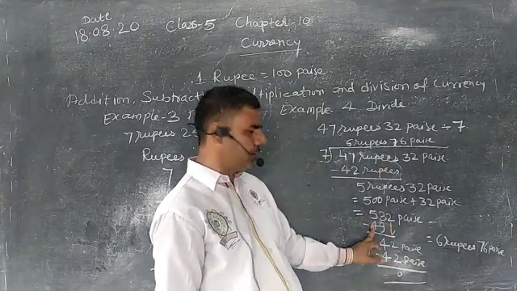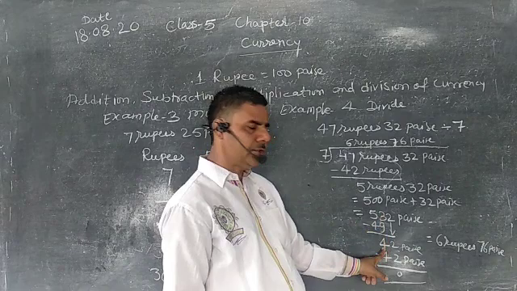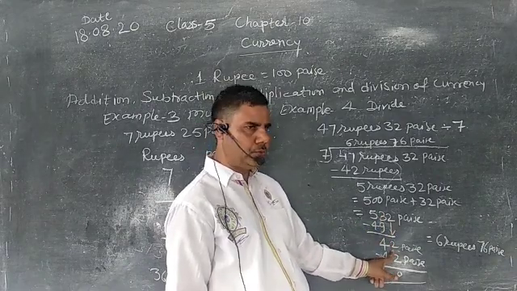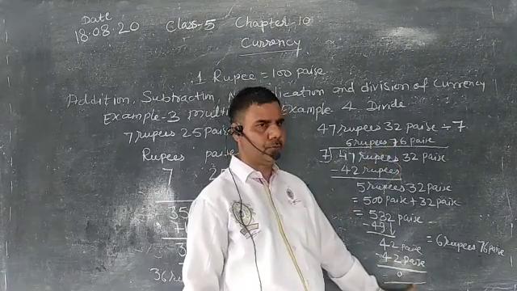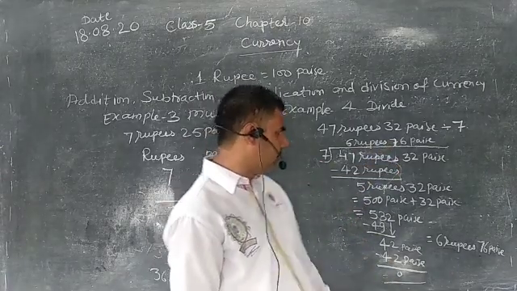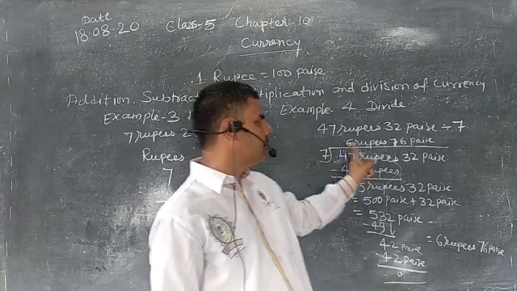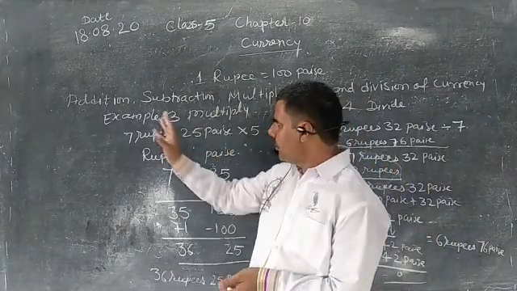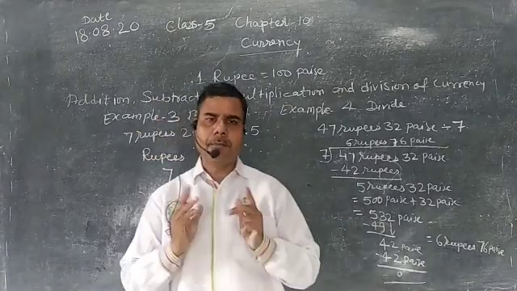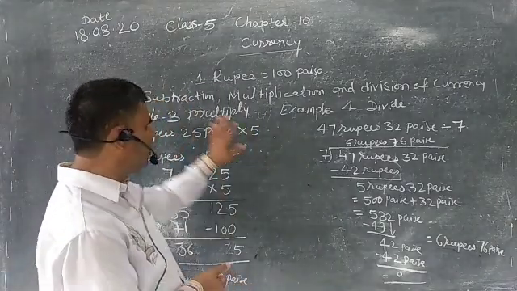7 7s are 49. Remainder is 4. Then take 2, means 42 paise. Then 7 6s are 42 paise. Our division is completed and the answer is 6 rupees 76 paise. Now you understood addition, subtraction, multiplication and division of currency.